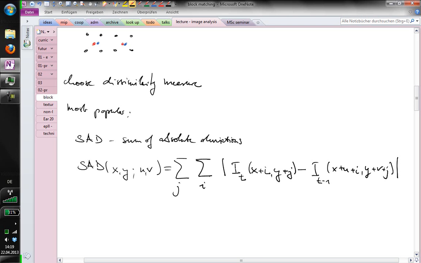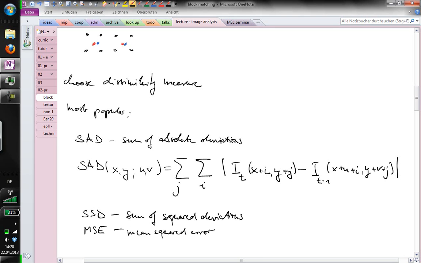So this was the sum of absolute deviations, and similarly you can define the mean squared error or sum of squared deviations, and then there are windowed versions thereof. So SSD would be the sum of squared deviations, which up to a normalization factor is the same as the mean squared error, which you obtain if you use the L2 norm rather than the absolute differences here.